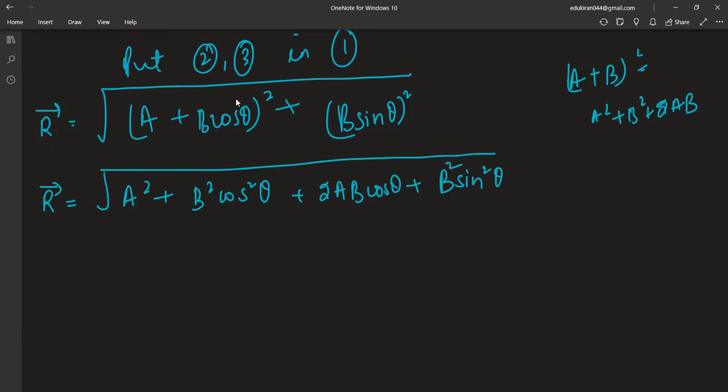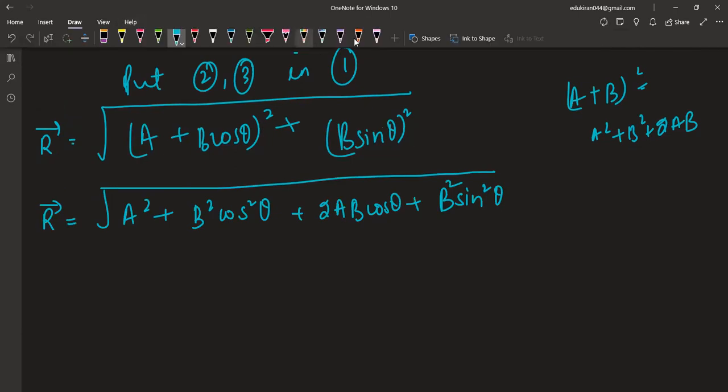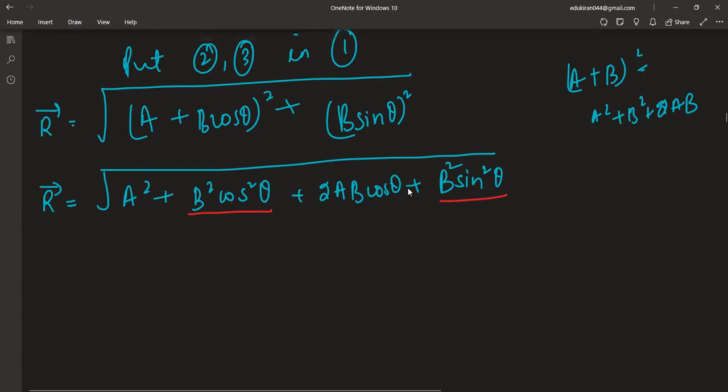A plus B whole square identity, I hope you all are relating this. And this is just square of it. Now look class, B square cos square theta, B square sine square theta. Can we take something common from this? At least one thing we can take common is that B square.